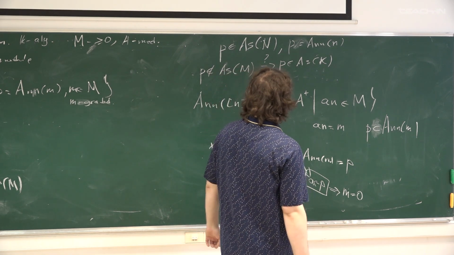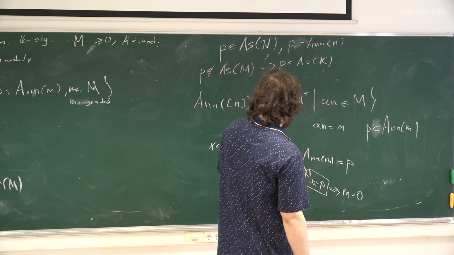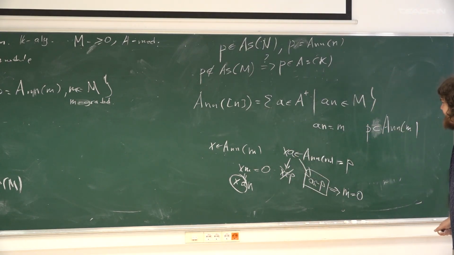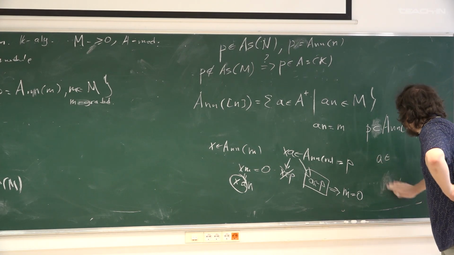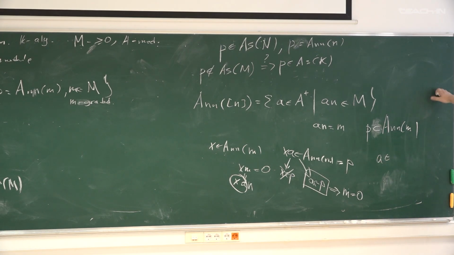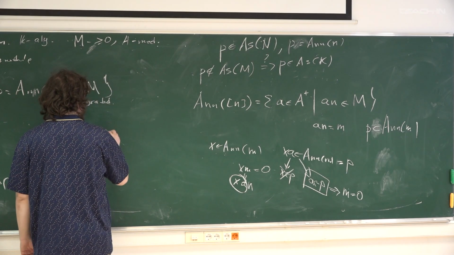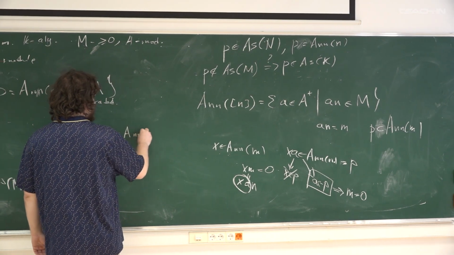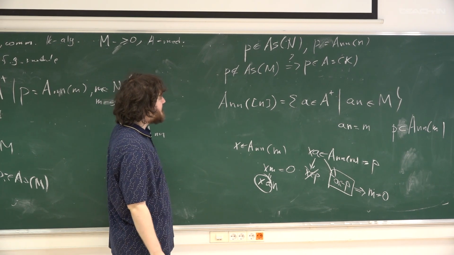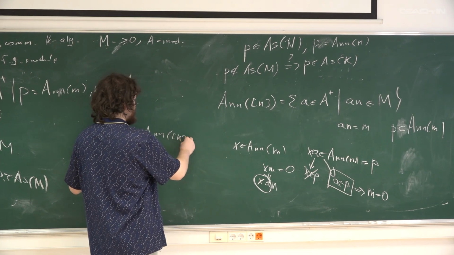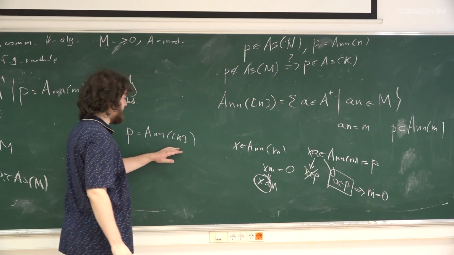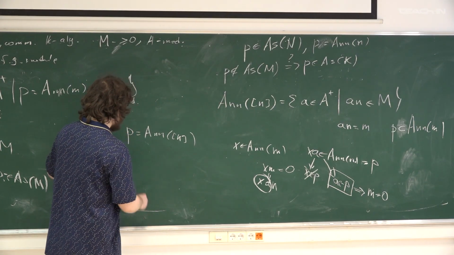But then this means that a lies in... What does it mean? We want to check that in fact P is the annihilator of something from K. I think the candidate is the class of n.